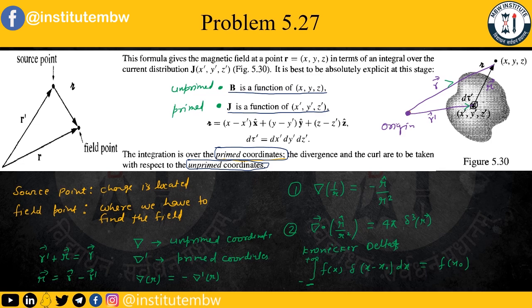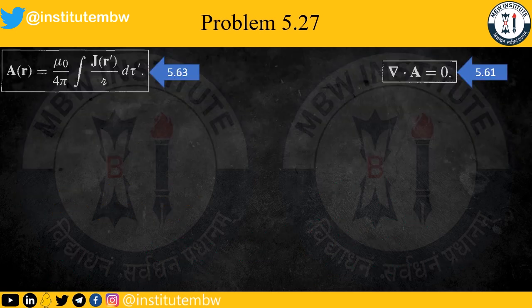Let's get started with the problems mentioned in this question. There are three problems. In the first we have to check the consistency. We have to basically prove that del dot A is equal to 0. So let's take the divergence.